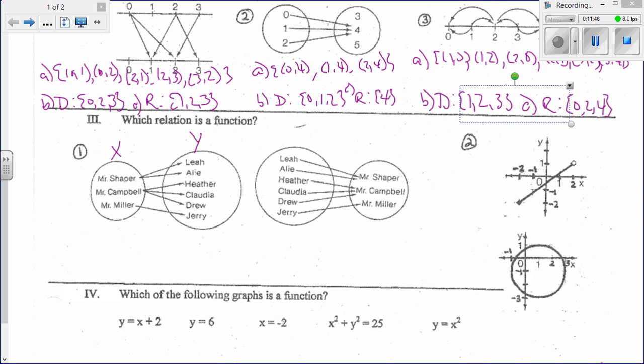And the answer is yes, my x values repeat because Mr. Shaper maps to Leah and Allie, Mr. Campbell maps to Heather, Claudia, and Drew, and Mr. Miller maps to Jerry. So, since my x values repeat, the answer is no, this is not a function. And I'm just going to say x values repeat.